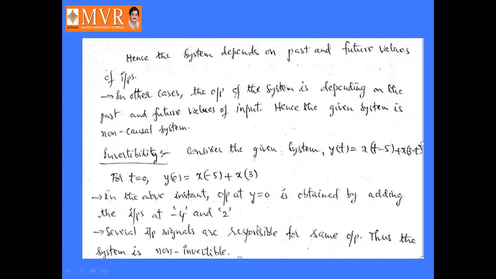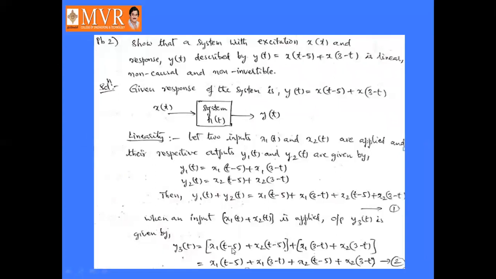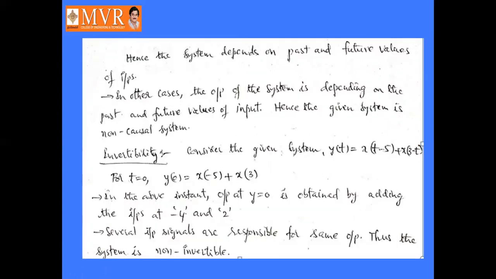Several input signals are responsible for the same output, that is y of 0. Thus the system is non-invertible. So here the given system is a linear system, non-causal system, and non-invertible system.